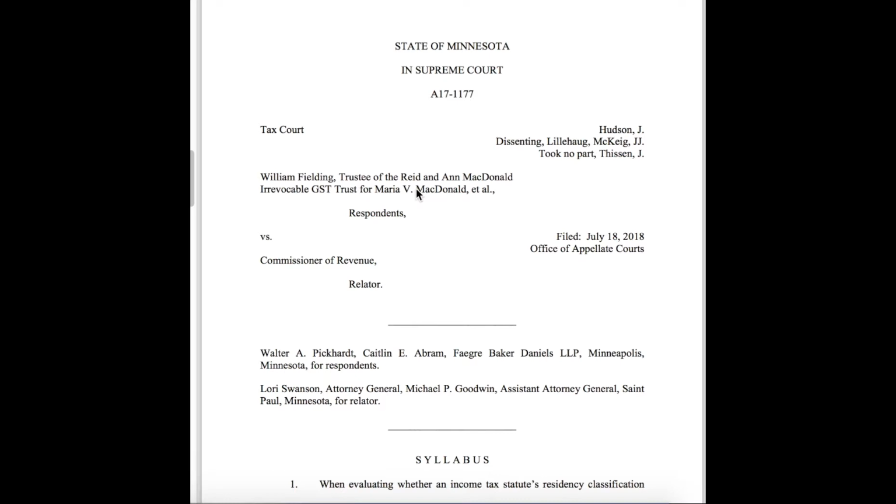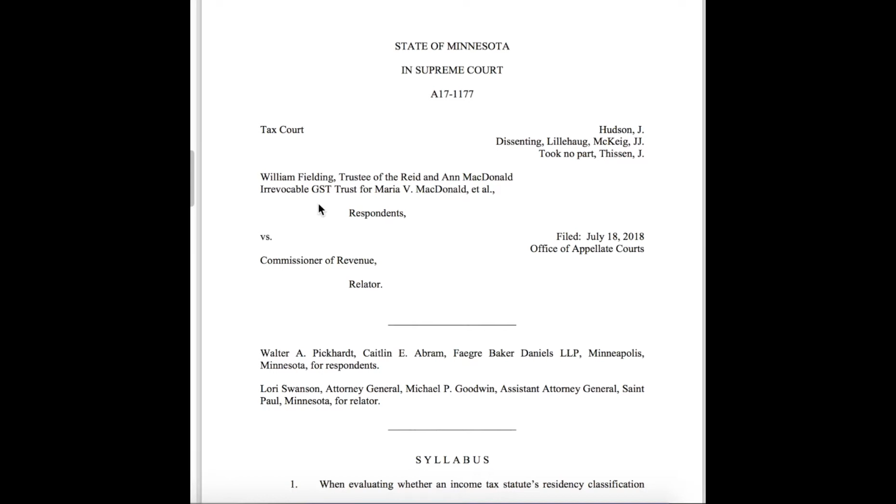In 2012, a new trustee took control over the trust, named Catherine Boone. She resided in Colorado, but was the trustee of these trusts from 2012 to the middle of 2014. In July 2014, a man from Texas became the trustee over the trust, William Fielding, the man who brought the case against the Minnesota Tax Commissioner.